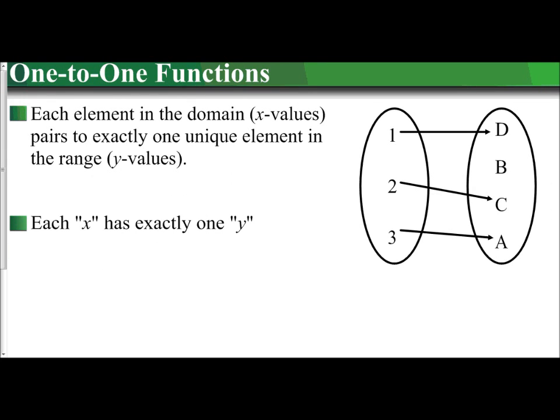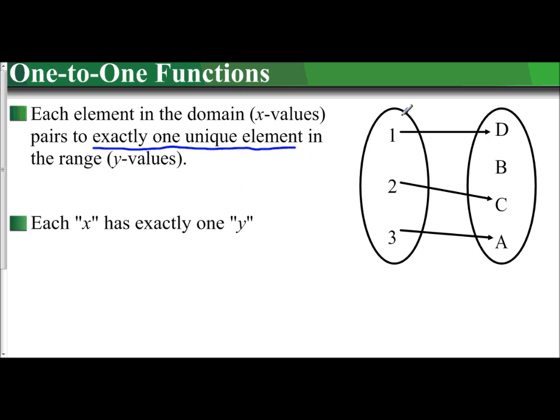If a function is one-to-one, that means each element in the domain pairs exactly with one unique element in the range. So remember, domain are the x values and range are the y values. So you can read this as every x value, each x value is paired with exactly one unique y value.